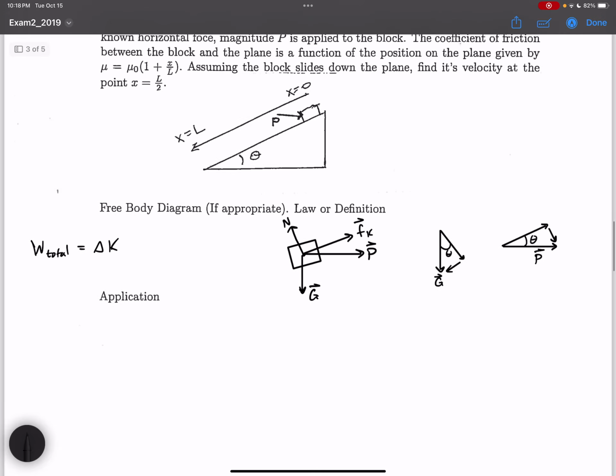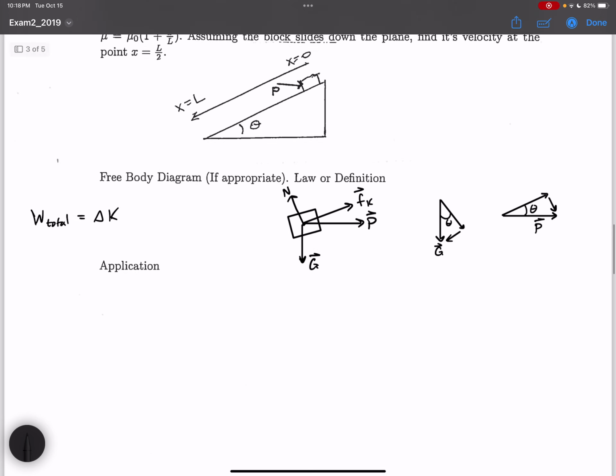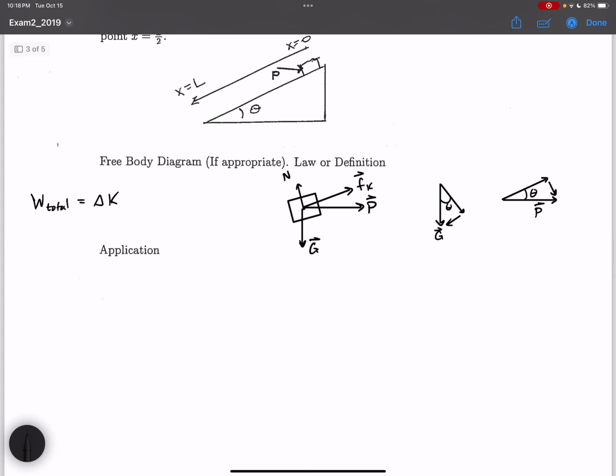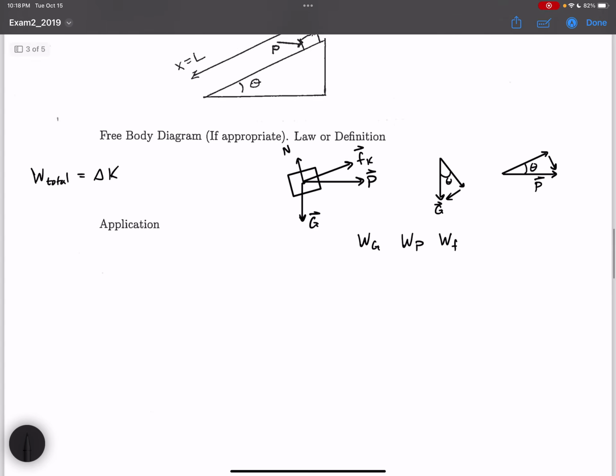Okay, so one thing we also want to do is solve for the normal force, because the forces that are going to be doing work are gravity, P, and friction. Friction's also going to be doing work. And for friction, we know that friction is going to be equal to mu N. So we've got to figure out what N is.